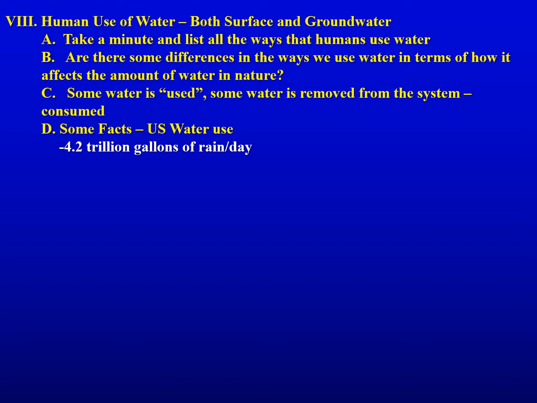Once it lands on the Earth's surface, what can happen to that water? What are some ways that water then, once it hits the surface, where does it go? Some of it soaks into the ground, right? Some of it infiltrates. That's what we call it. Does it all soak in the ground? Some of it then does what? Some of it evaporates straight back up, right?